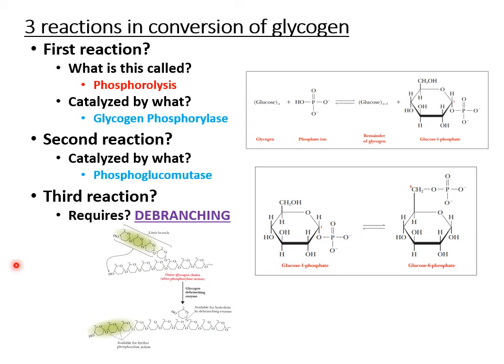Basically, when you think of the branching of glycogen, you have the hydrolyzing of the glycosidic bonds, and this occurs at those glucose residues at the branch points. What that means is, when you picture glycogen, it's like a whole bunch of glucose residues stuck together, and so you need to have a breaking of those bonds.